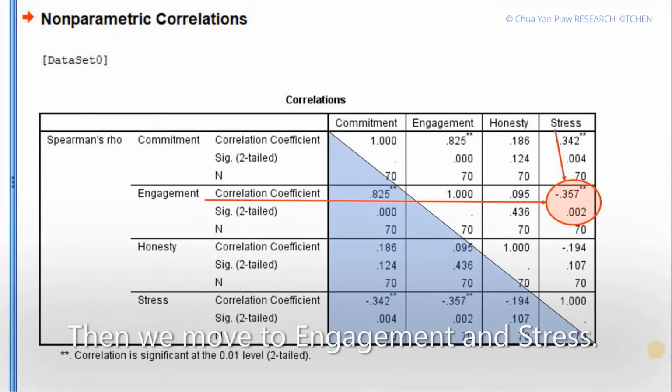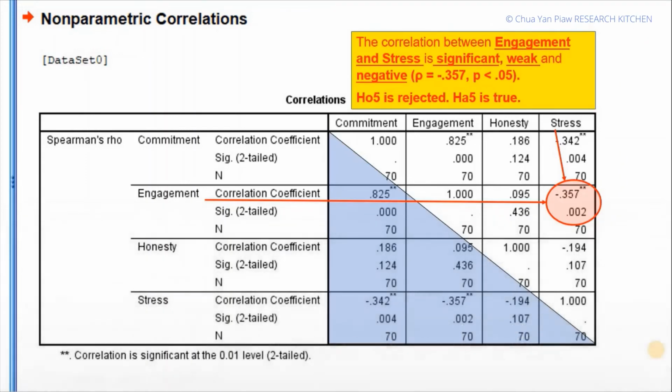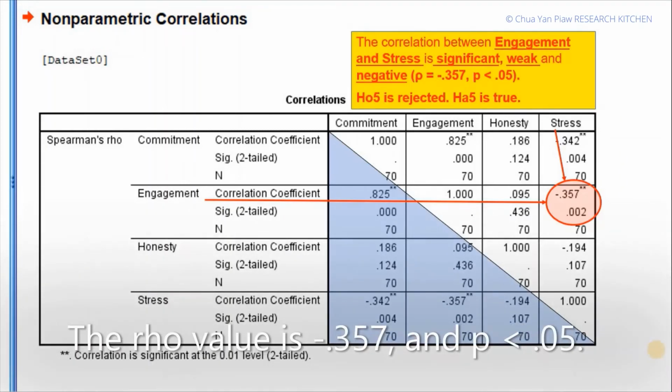Then we move to the engagement and stress. The correlation between engagement and stress is significant, weak and negative. The rho value is negative 0.357 and p less than 0.05.